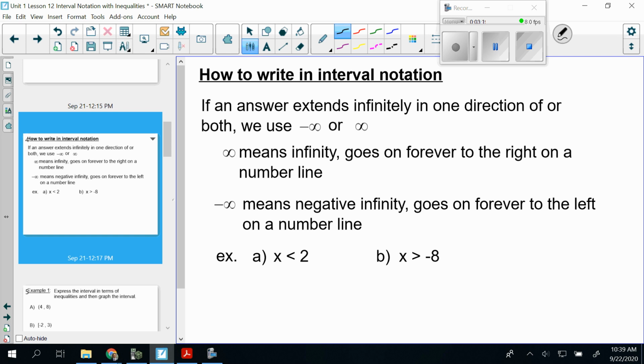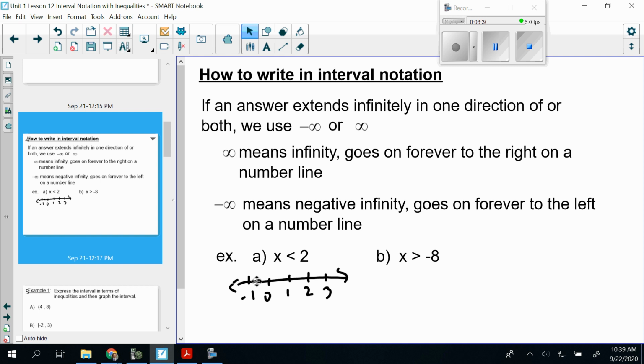So here, it would be all the numbers less than 2. So if we're looking at our number line like this, all the numbers less than 2, we would graph like that with an arrow extending to the left there.